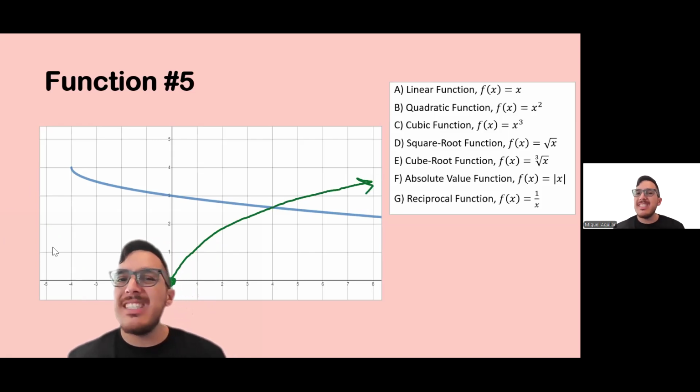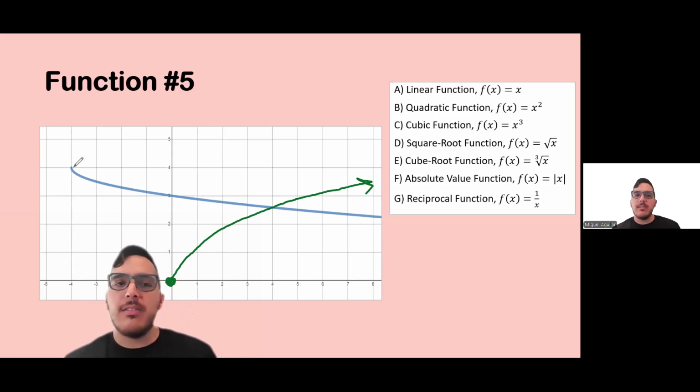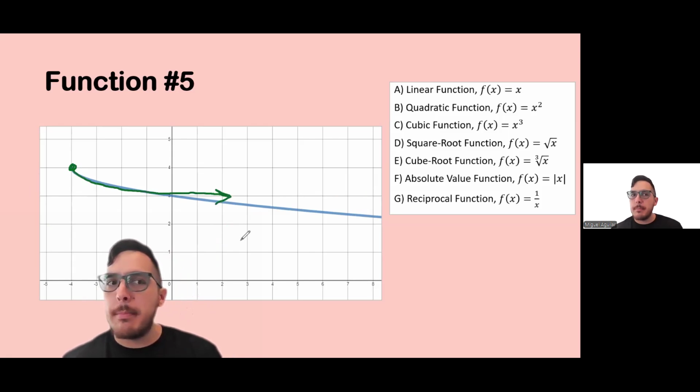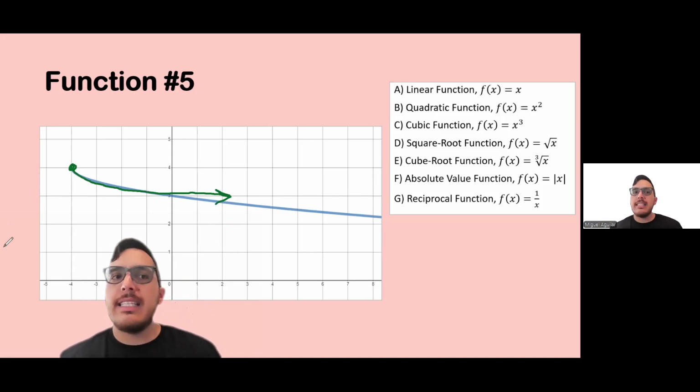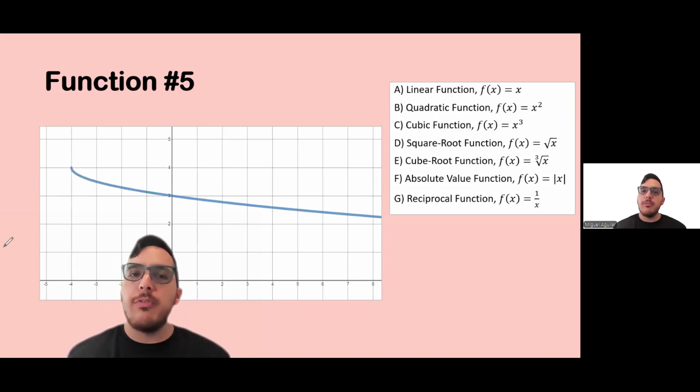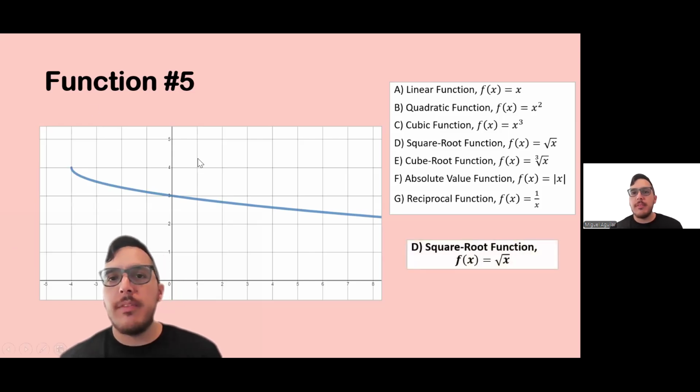Okay. And even though this doesn't immediately look like that, well, it kind of looks like that arch shape, but we sort of turn it upside down. Okay. So even if it's upside down, it's still a family member of the square root function. Okay. So that's going to come from our square root function.